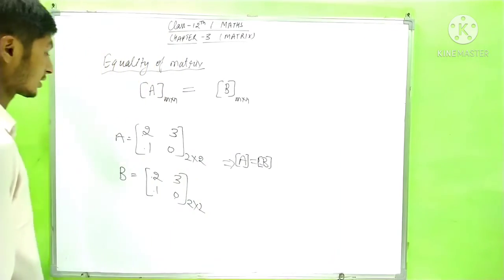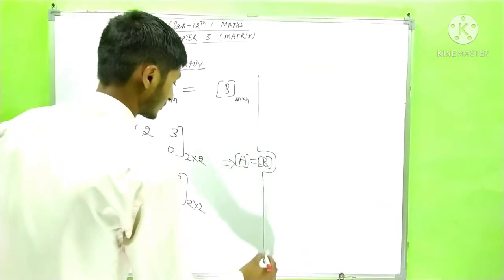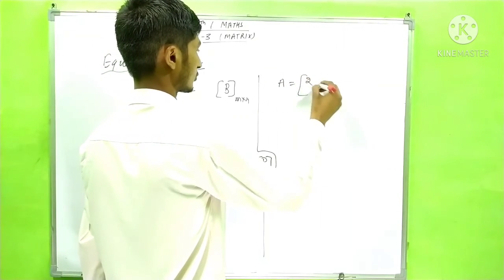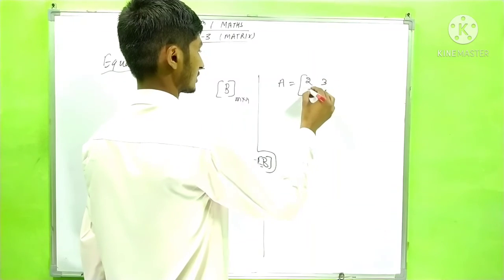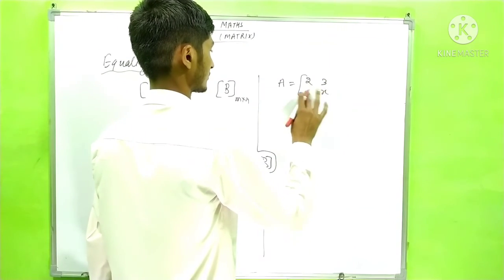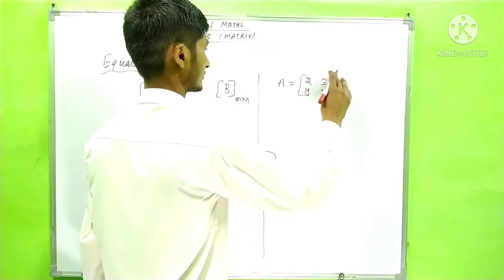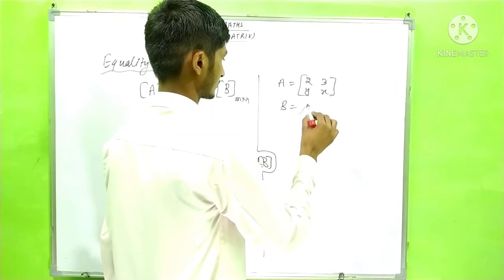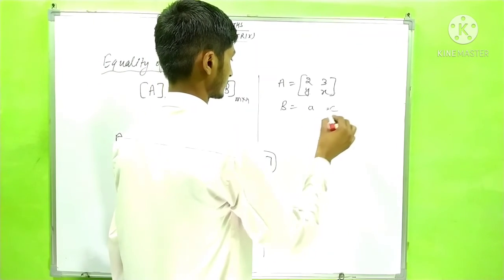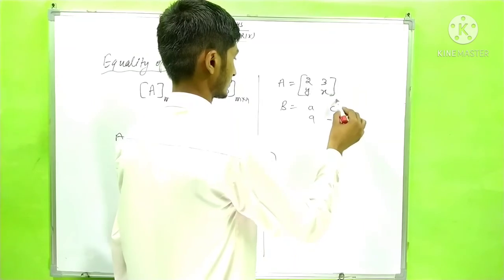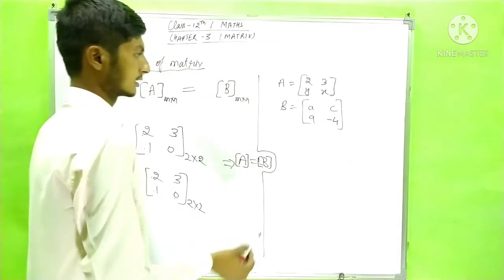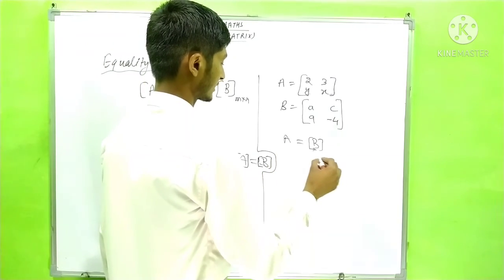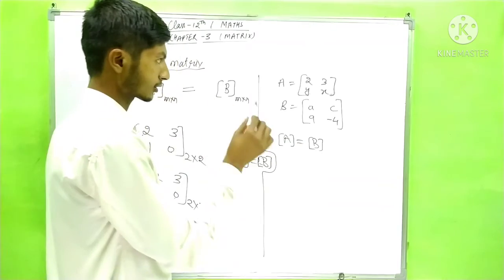Let's take another example. If two matrices are equal, A that is equal to 2, x, 3, y and B is, if they are equal, matrix A is equal to matrix B, then their corresponding elements are the same.